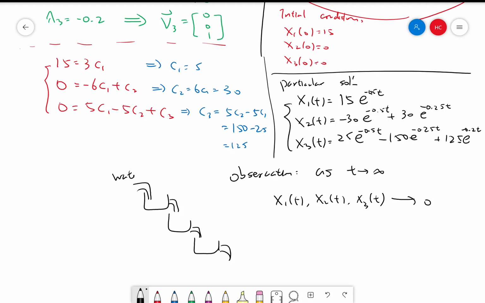Water keeps coming in, and the mixed liquid keeps leaving the tank. So eventually all three tanks get fully diluted.